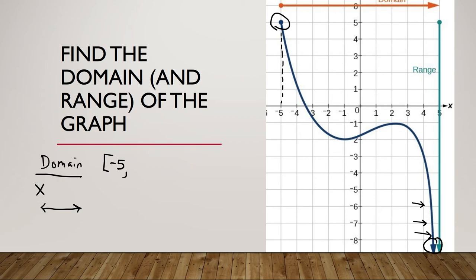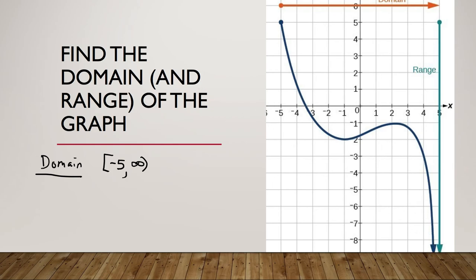So how far to the right does this line eventually go? Well, if it never stops, then eventually it's going to go to infinity. So we're going to say our domain starts at -5, including that point, and runs to infinity. Remember again, the domain is how far to the left and how far to the right does the graph stretch.